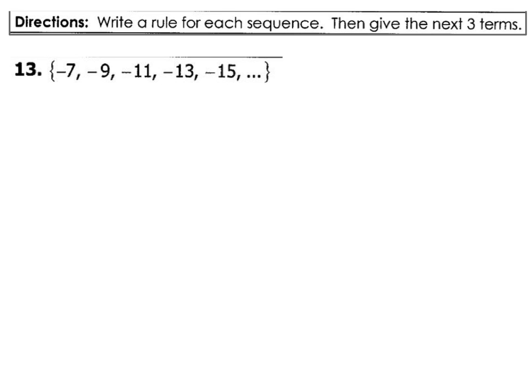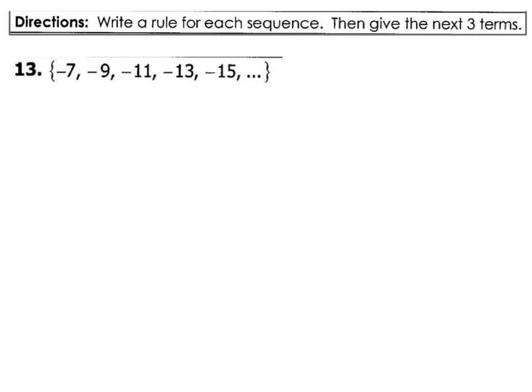We've got a sequence, and we're going to have an explicit formula here, which means the previous term doesn't matter, but we need to write a rule for it. All right, so this is another one of those where we have to use our critical thinking skills, analyze, look for a pattern.